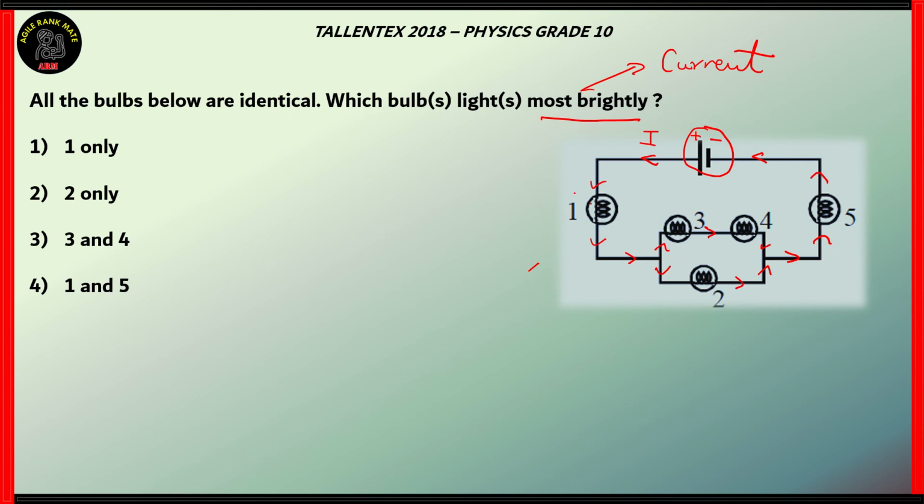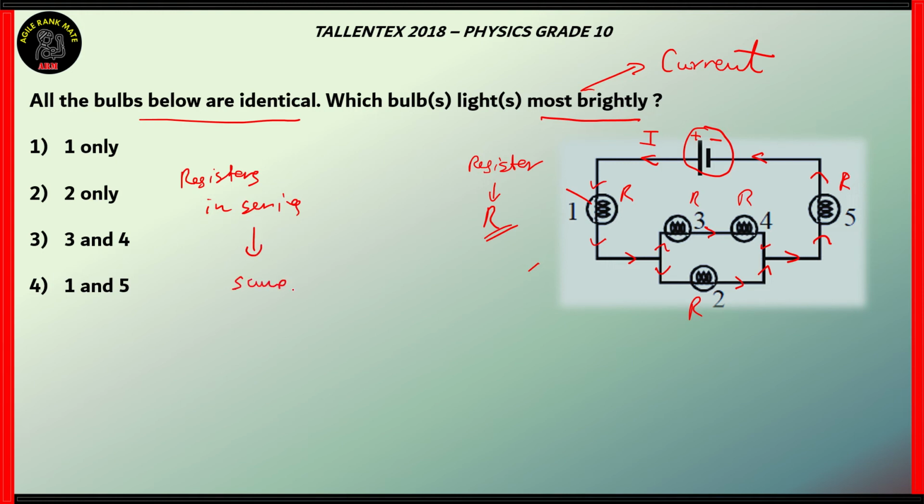Now let's consider each bulb as a resistor whose resistance is, let's say, R. Now we know that all the bulbs are identical, so every one of their resistances is R. So that means all 5 bulbs would each have a resistance R. Now, for similar resistors across a circuit, resistors connected in series would have the same current passing through them.